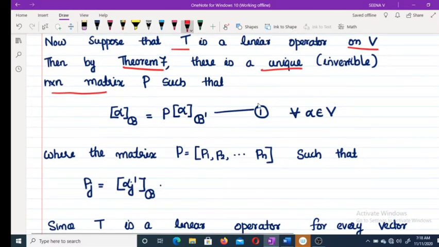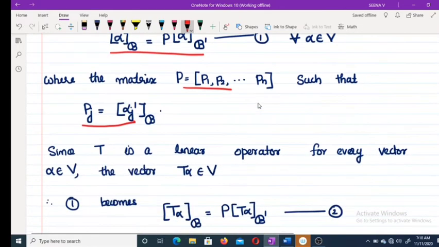Okay, hope all of you remember this. Matrix of alpha related to B equals P into matrix of alpha related to B dash for every alpha belongs to V, where P satisfies Pj equal to alpha j dash related to B. Our first theorem in the section coordinates. Okay, given any two bases, there exists an invertible matrix.